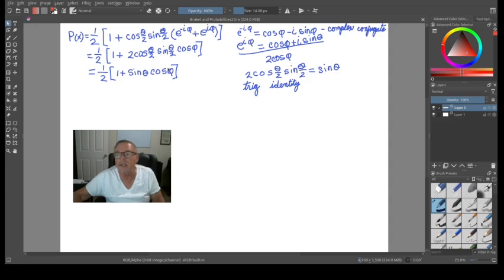Now the important thing is that this phase is part of the probability. So if that phi is something other than 0, then that's going to have a change in the probability.